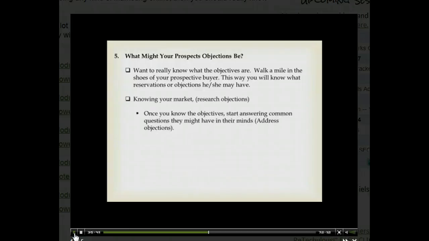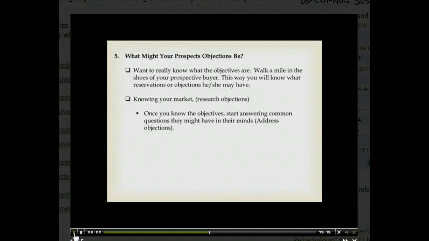Knowing your market and researching the objections: one of the things you can do is go into some of the forums in your niche, where you'll see a lot of people asking questions about different products. A lot of these questions are going to be objections that they're trying to get answers for before they buy.